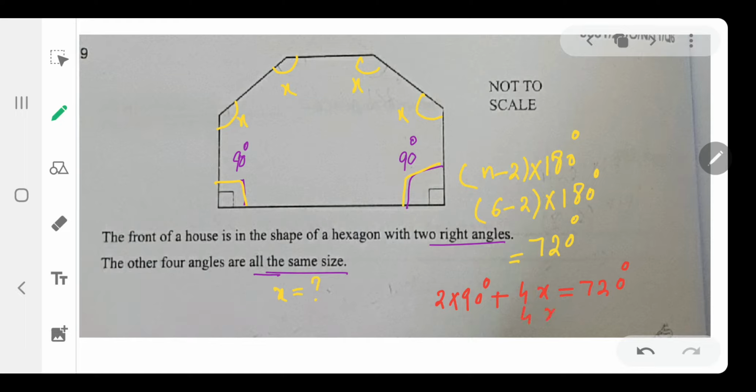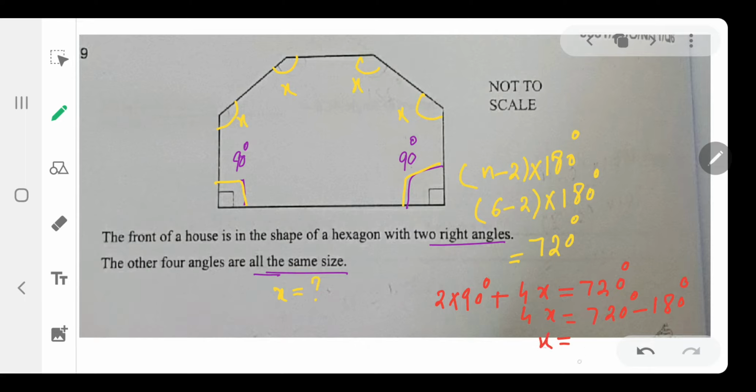So, 4x is equal to 720 minus 180 degrees.